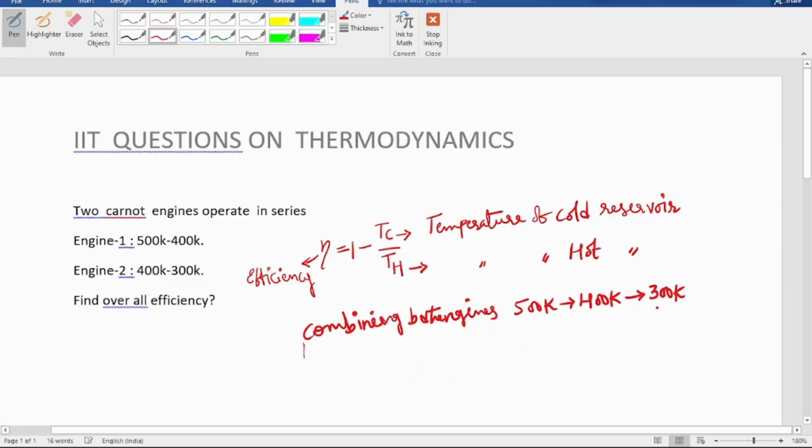So here 300 Kelvin will be taken as Tc and 500 Kelvin will be taken as Th. Now substitute these values in the above formula.